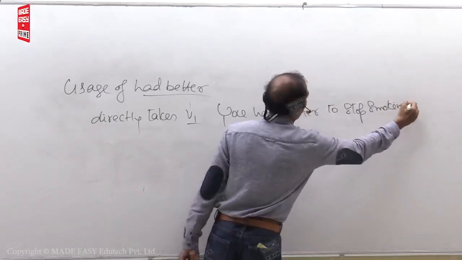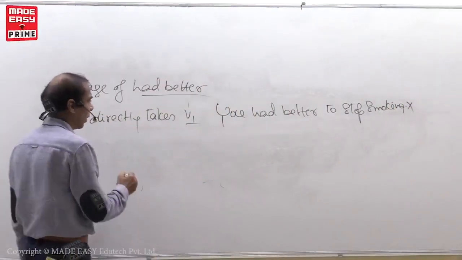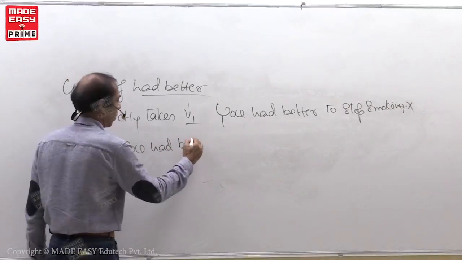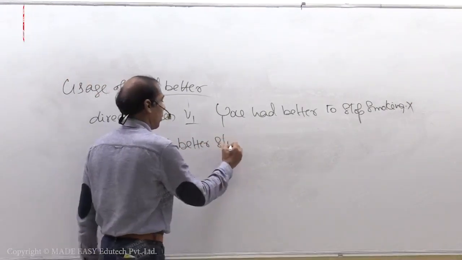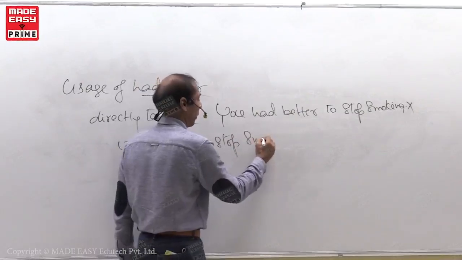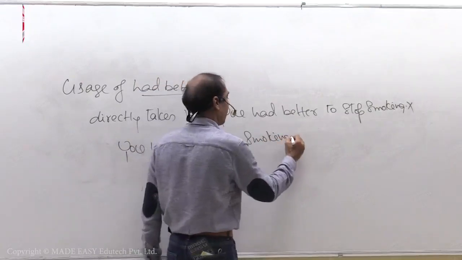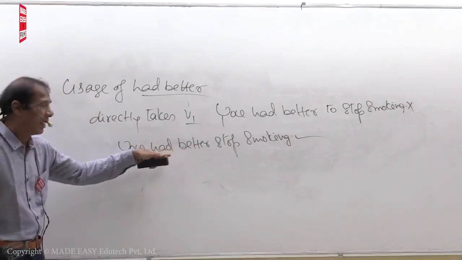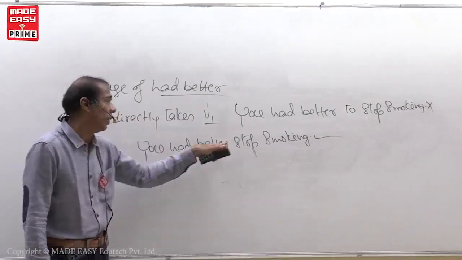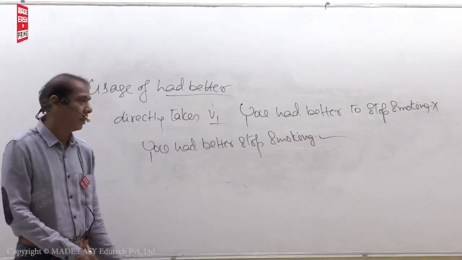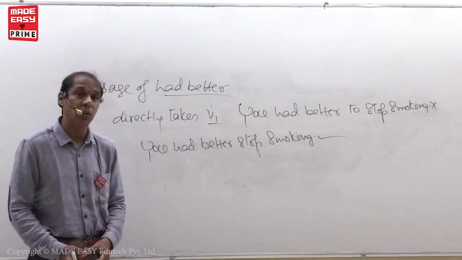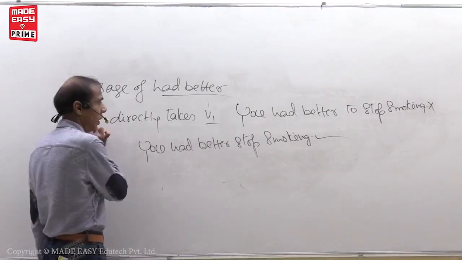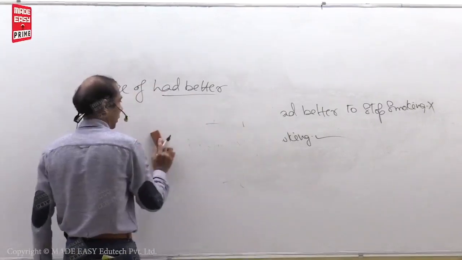Right? This is wrong. Not you had better to stop smoking. You had better stop smoking is correct. In the case of had better, right? Directly write V1. Don't write to. Okay? Directly write V1. You had better to stop, wrong. You had better stop smoking. Okay? Next.